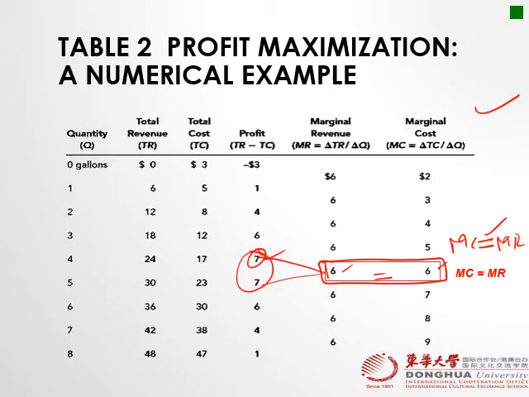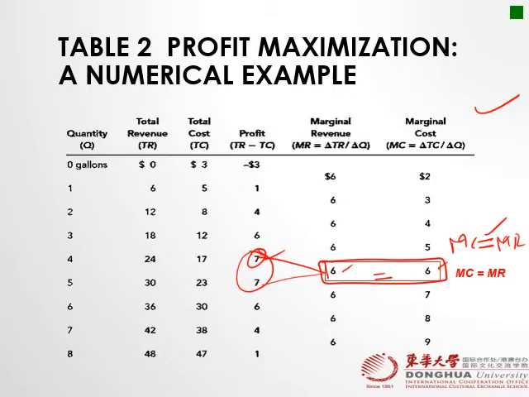Rather than having this big formula, you can just do that, because AR is equal to MR. So AR is equal to total revenue divided by quantity. So 12 divided by 2 is 6. This 6 came from 24 divided by 4, right? So we know that the marginal revenue is 6.